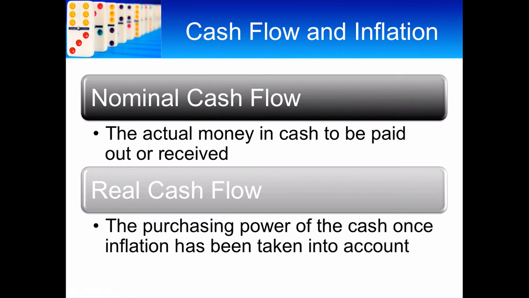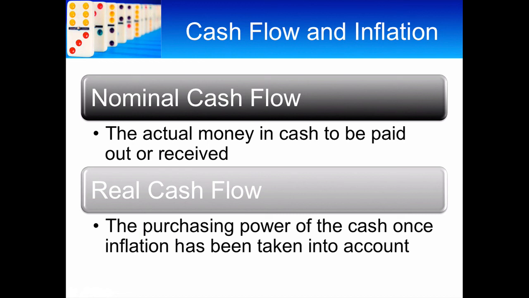So I've spoken about the difference between nominal rates and real rates. We're now going to be looking at cash flows. A nominal cash flow is the actual money that you receive in the future. That actual money is the cash that you put in your pocket. It's the physical cash.